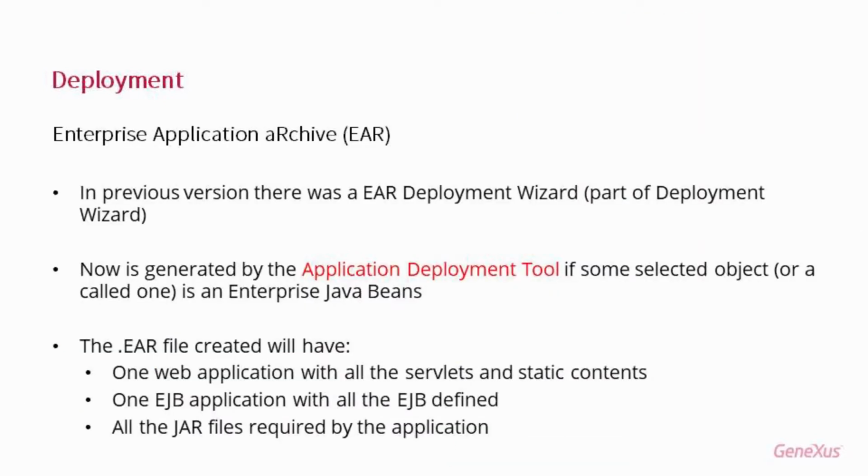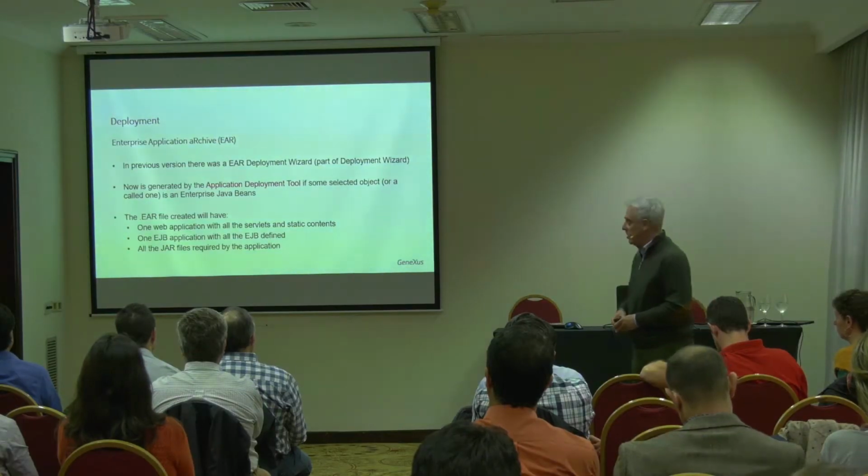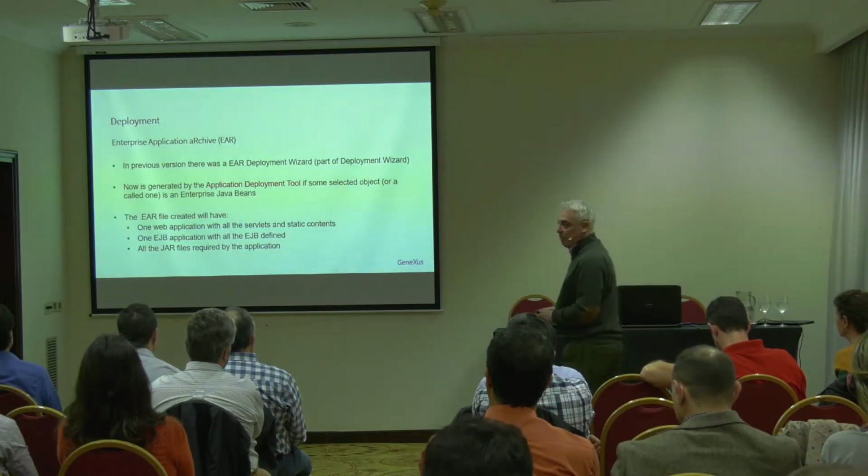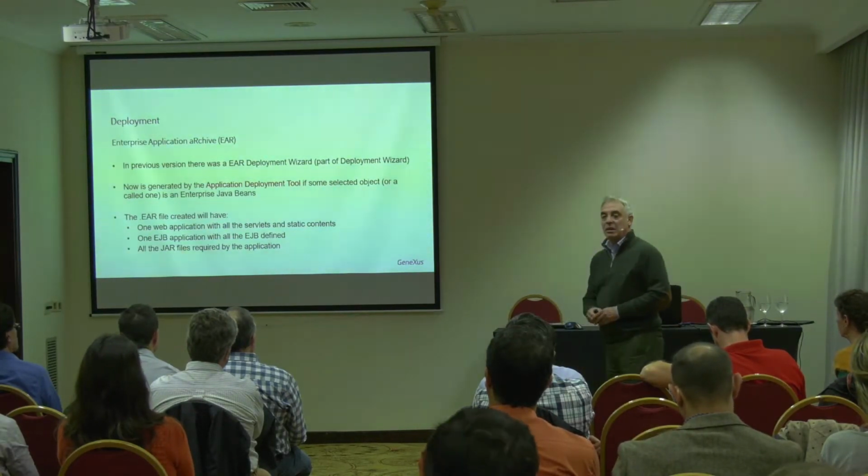Now, in our Java app, I was saying that in our Java version, we have a Java bean. We used to have a wizard to generate the archive. Remember that a special wizard would open when we were doing Java. Right now, this is integrated in the application deployment tool.